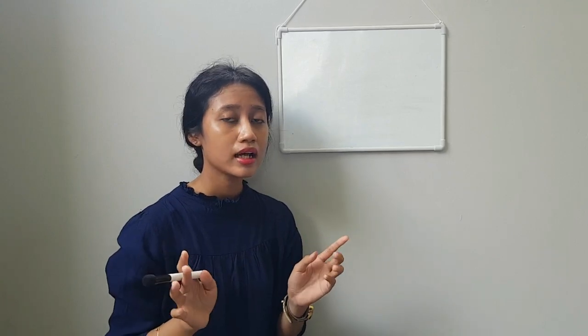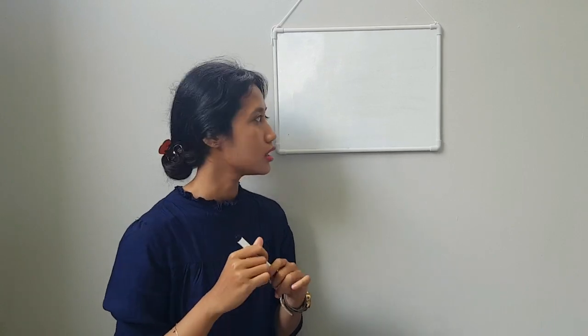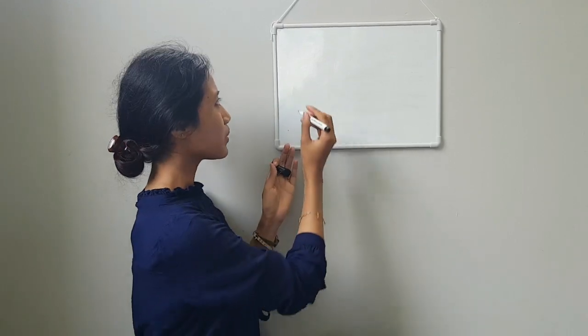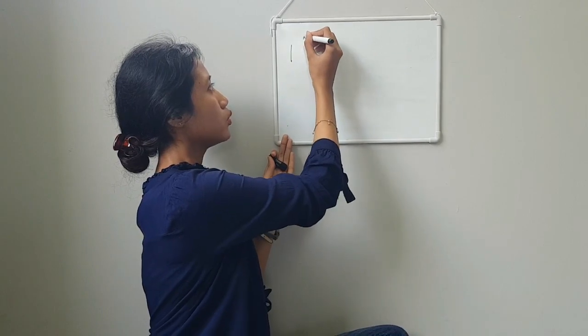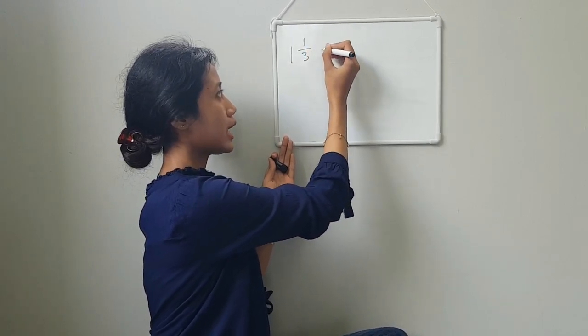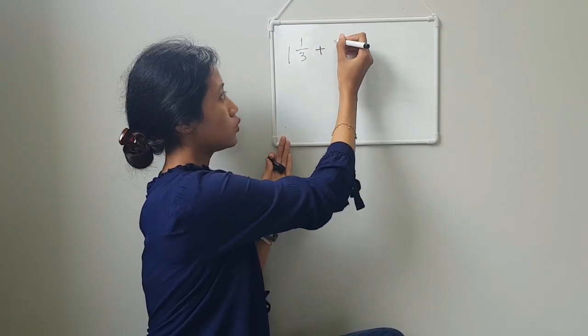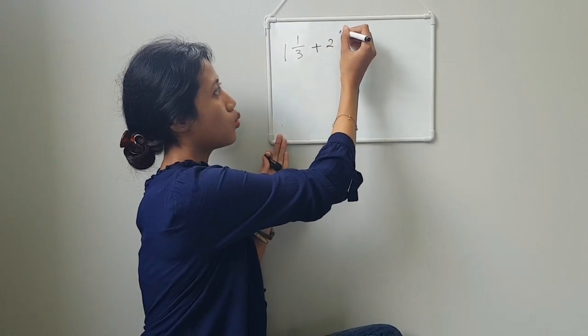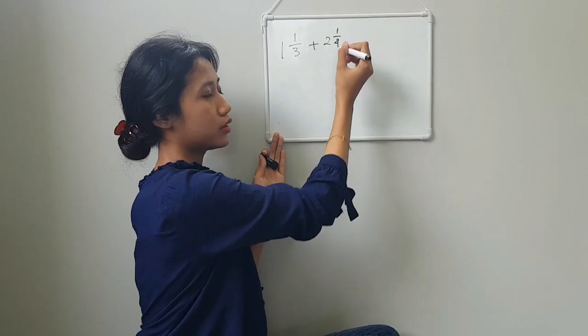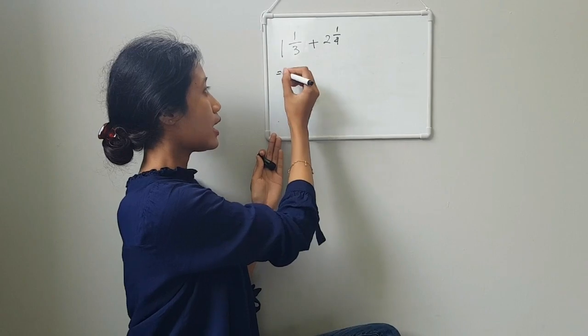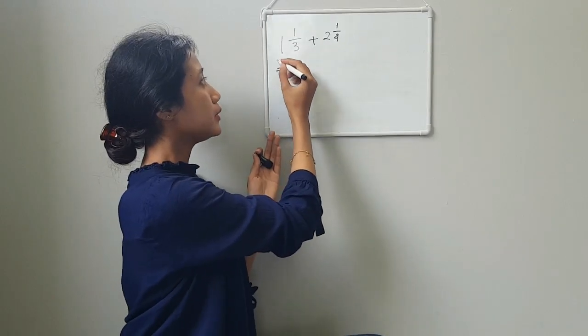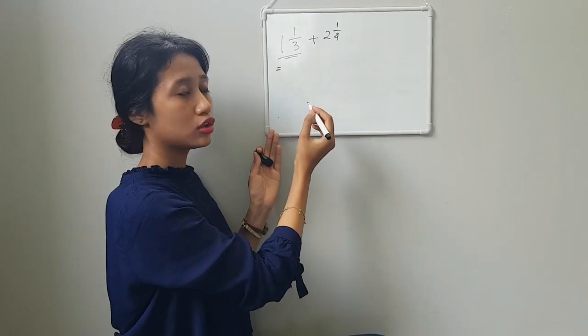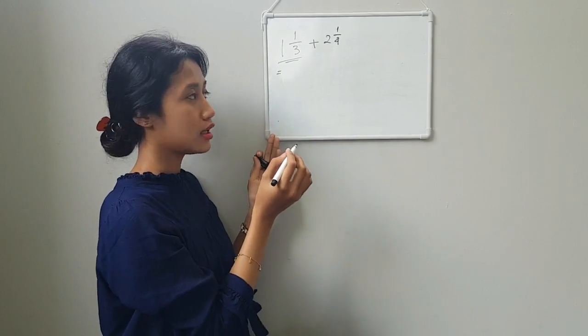And how about if we have mixed fractions? Don't worry, the way to answer them is similar to the others. For example, I have 1 over 3 plus 2 1 over 4. Then you change this mixed fraction to a simple fraction.